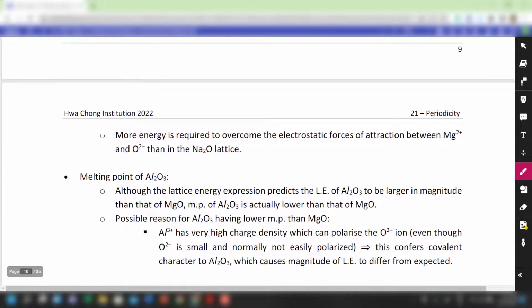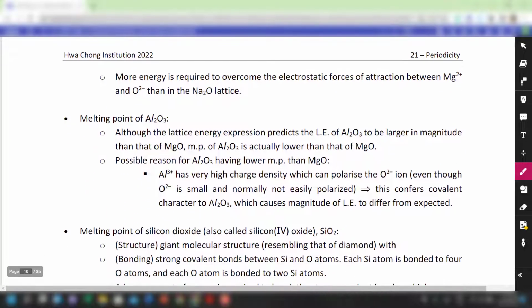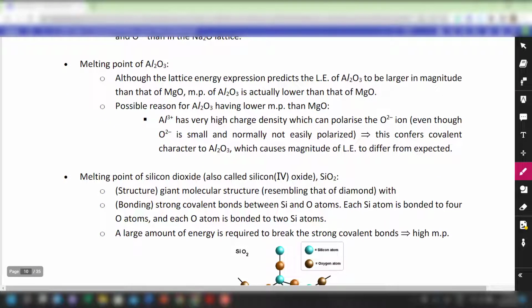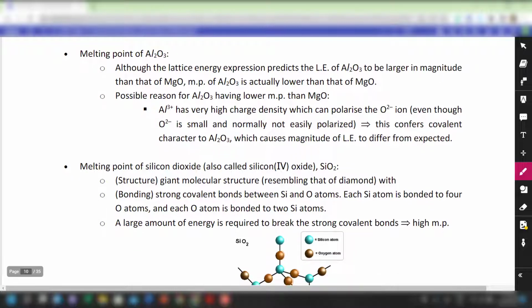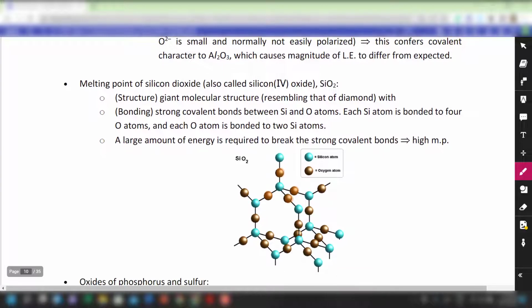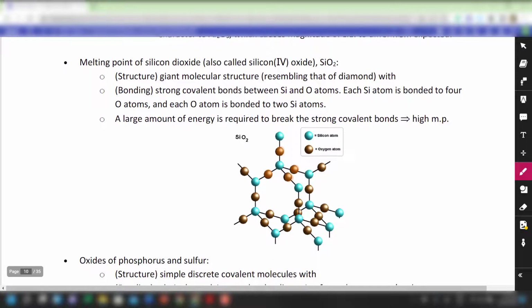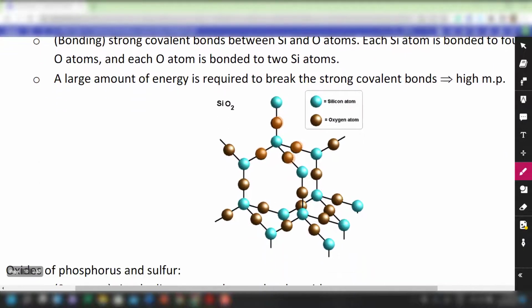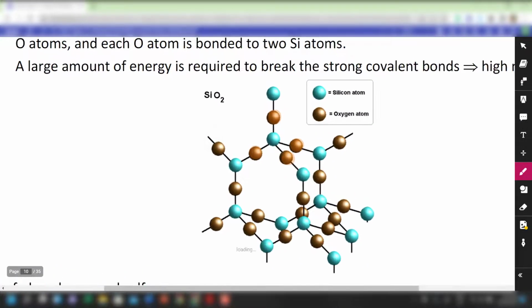Moving on, I will not spend too much time discussing the melting points of the rest of the ionic compounds such as MgO, Al2O3, and even silicon dioxide. For silicon dioxide, we are breaking covalent bonds when we are melting it. I just want to mention that in this giant covalent structure, it might not be very clear from your lecture notes, but do take note that you have a silicon surrounded by 4 oxygen.